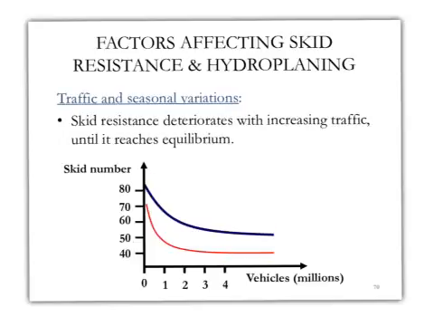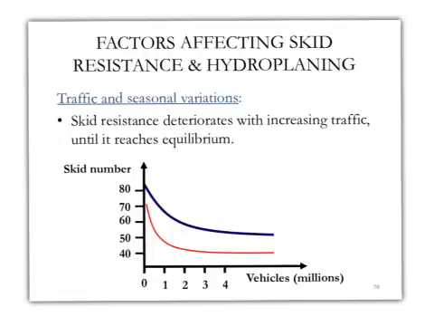The red line represents wet conditions in winter time, while the dark blue line represents the skid resistance at dry summer conditions. Among these two seasons, first of all, we see there is a huge difference between summer and winter. The skid resistance will be much higher in the summertime, where it's a dry condition.